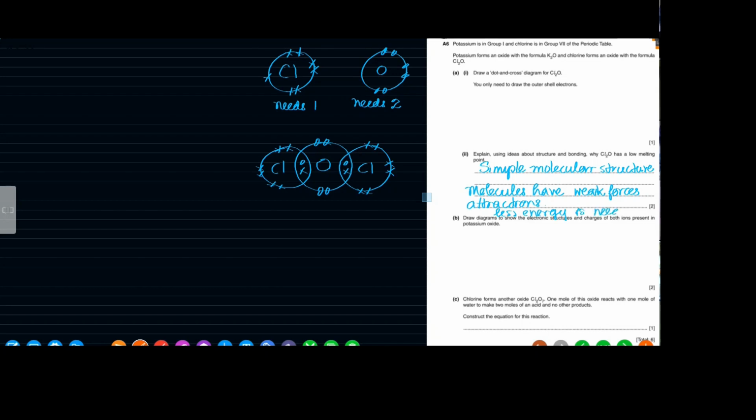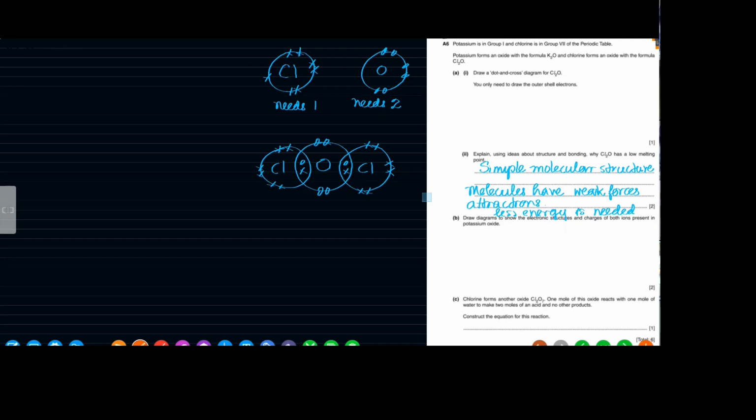So how do you get the marks here? You must mention this word molecules. If you say molecules are there and there are weak forces of attraction, you get all 2 marks. Also, you can say simple molecular structure, therefore less energy to overcome the attractions, 2 marks.